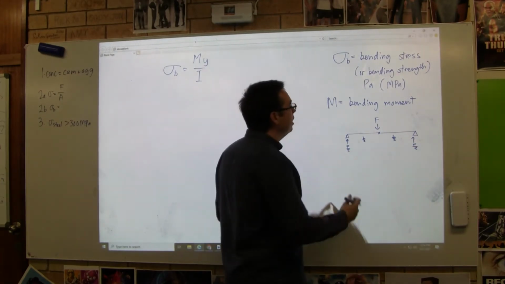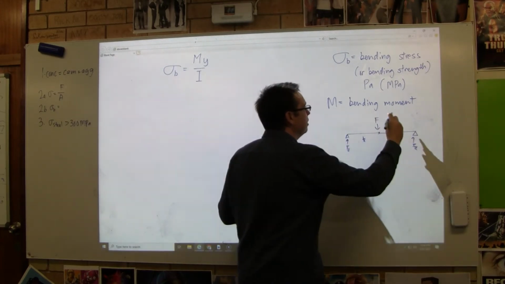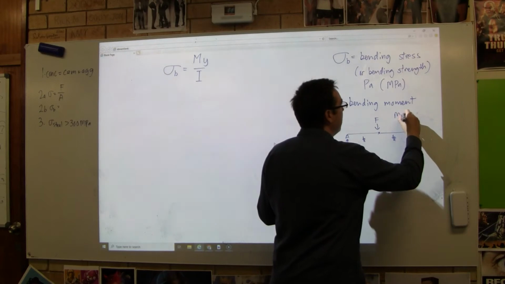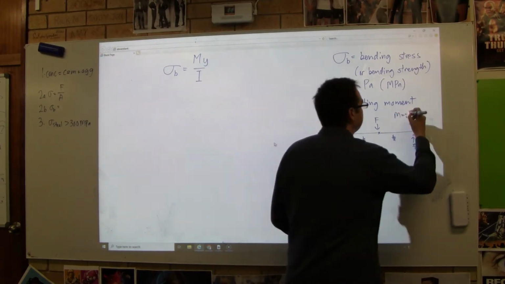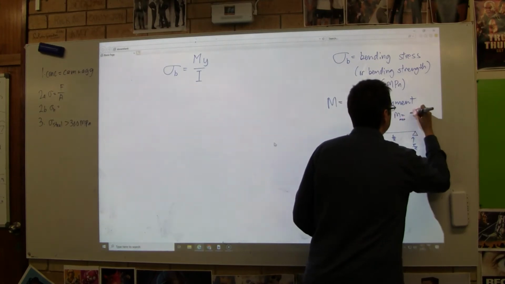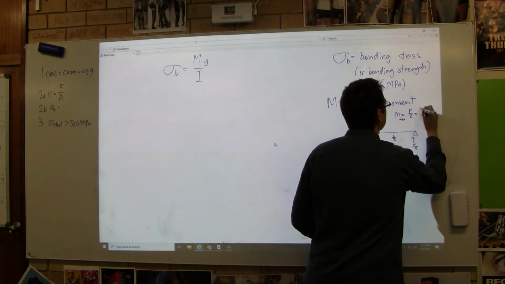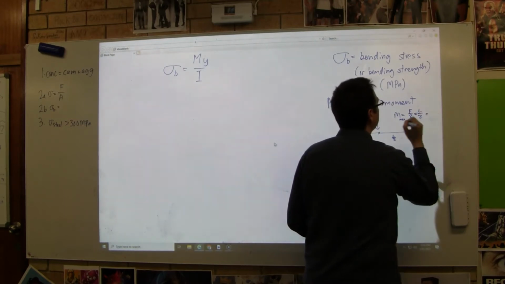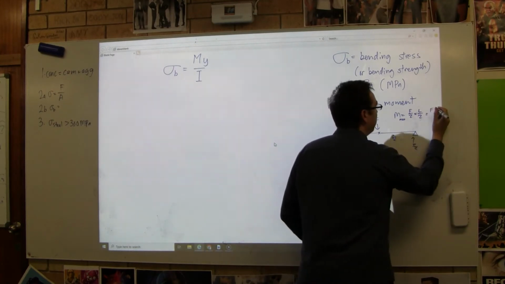Okay, so in some cases, we can say that M, the maximum bending moment, equals F on 2 times L on 2. Now, we could simplify that and just write FL on 4.